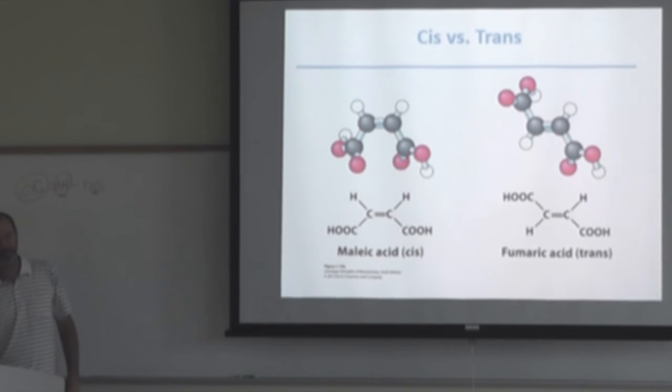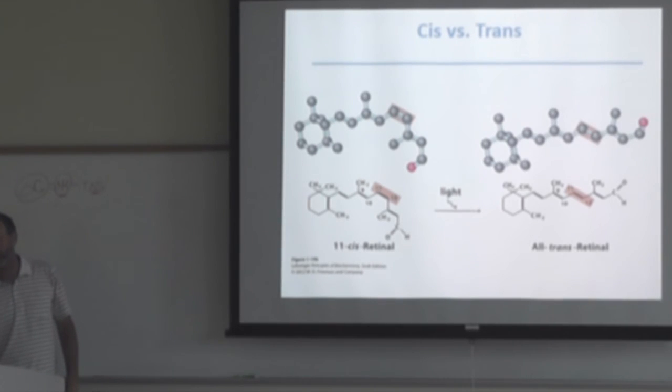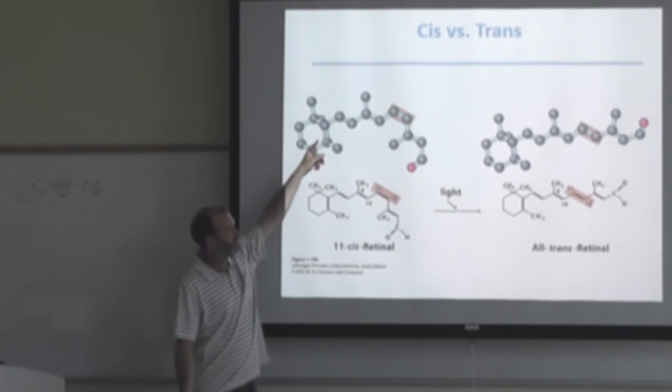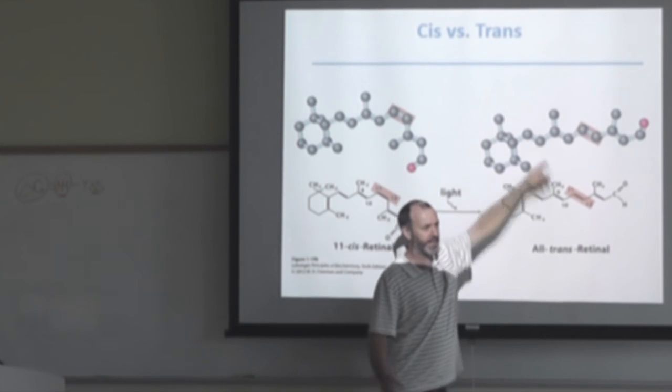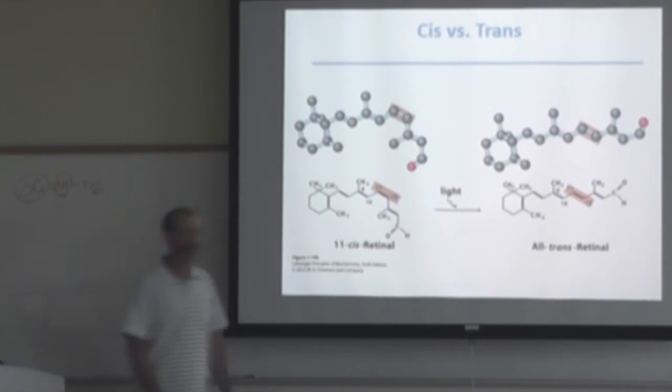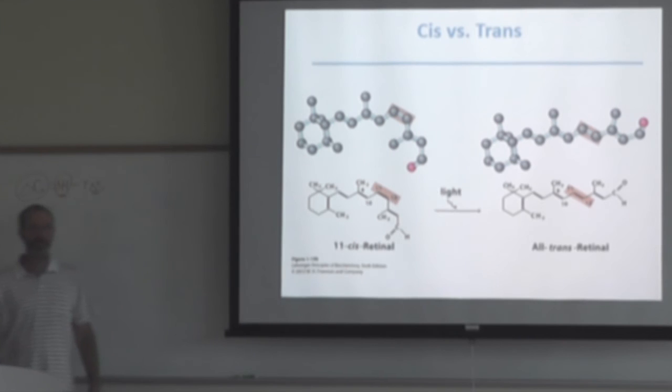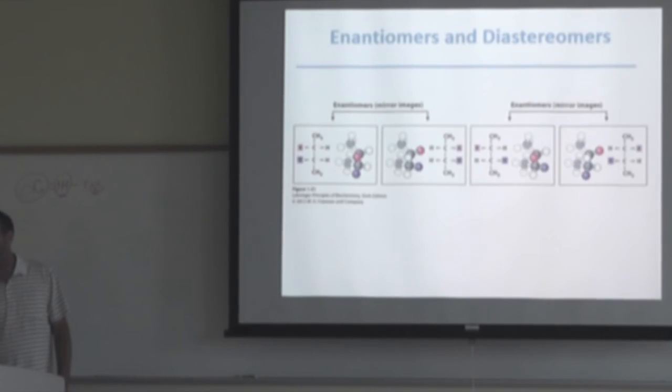This is old organic chemistry stuff. This is what I was talking about, 11-cis retinol, or vitamin A. It absorbs a light photon and will spontaneously convert to all-trans retinol, and that sends a signal to your brain saying you absorbed a light photon on that cone or rod. And enantiomers are mirror images of each other.